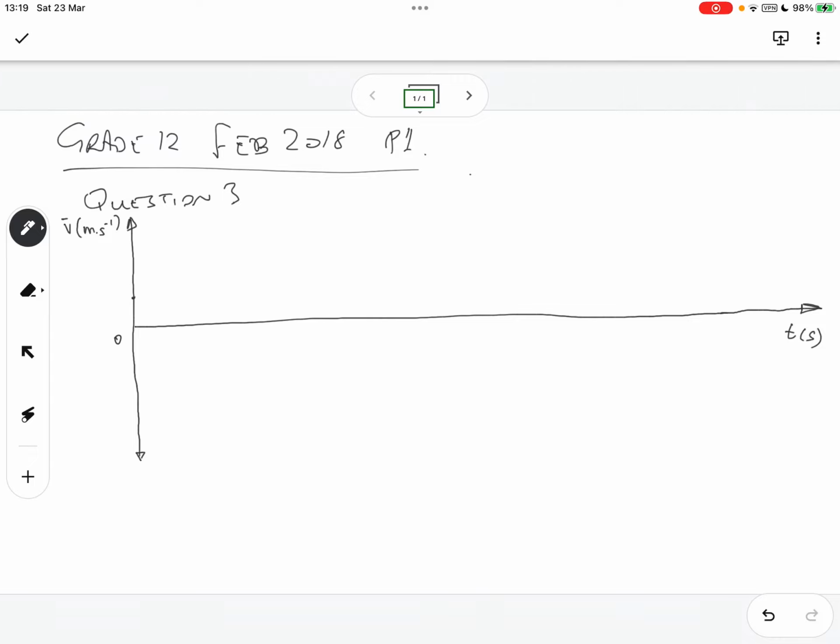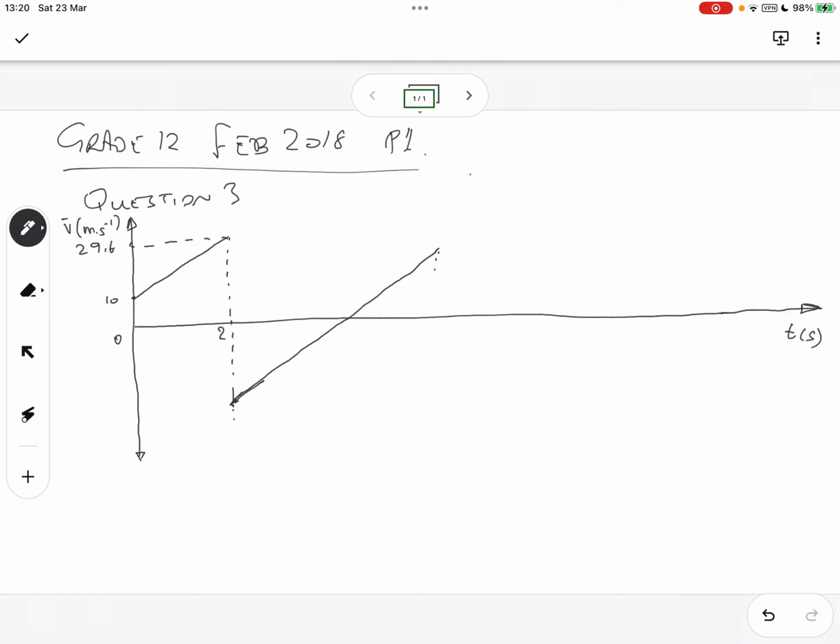Now, when the motion of this object starts, it starts at 10 meters per second and it increases to a maximum velocity of 29.6 meters per second. Then at 2 seconds, the velocity seems to have changed direction, and it increases from a certain value to another value.